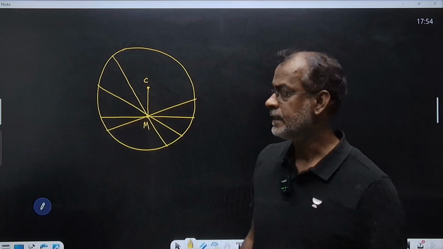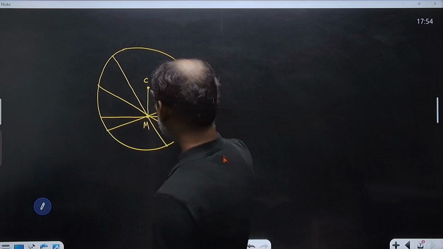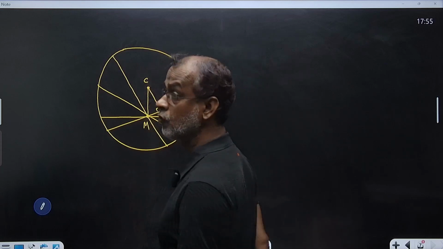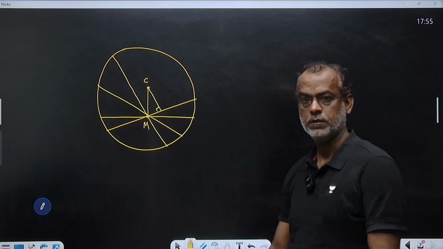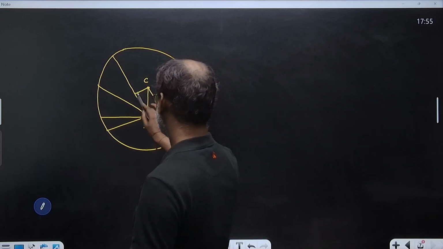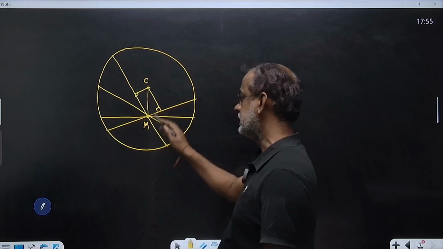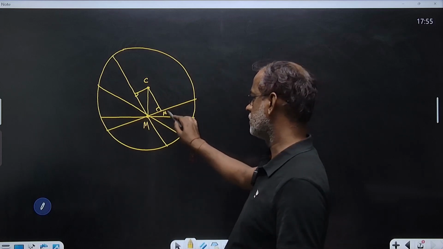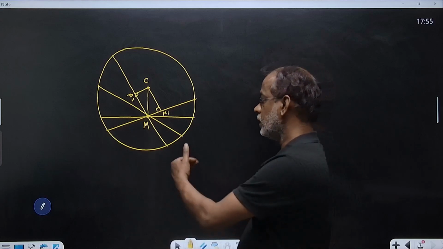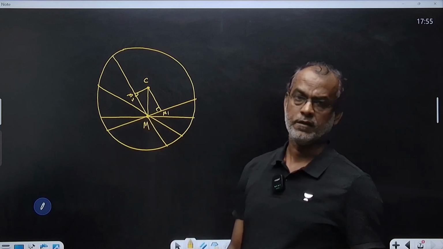Now, what you can see is that if you draw a perpendicular from the center, CM is the hypotenuse of these triangles. So, all other chords are nearer to the center.